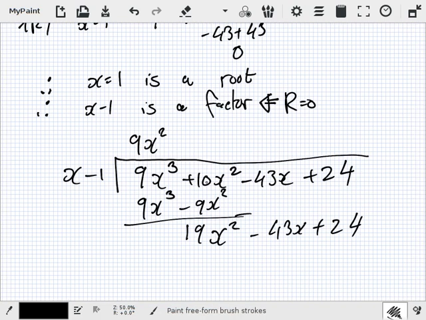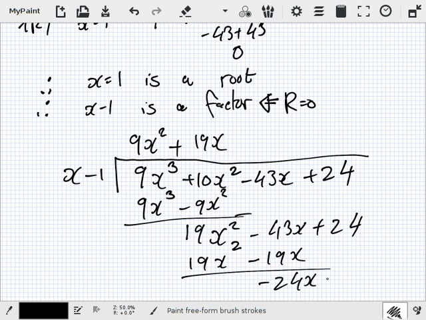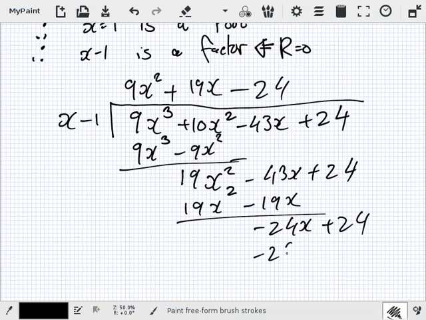So, what's the next one up here? 19x. So, 19x squared minus 19x, yeah. So what's that? Minus 24x plus 24. And finally, minus 24, leaving me with minus 24x plus 24.